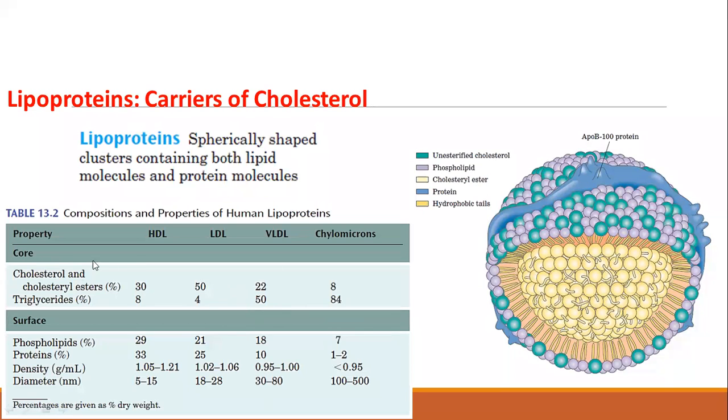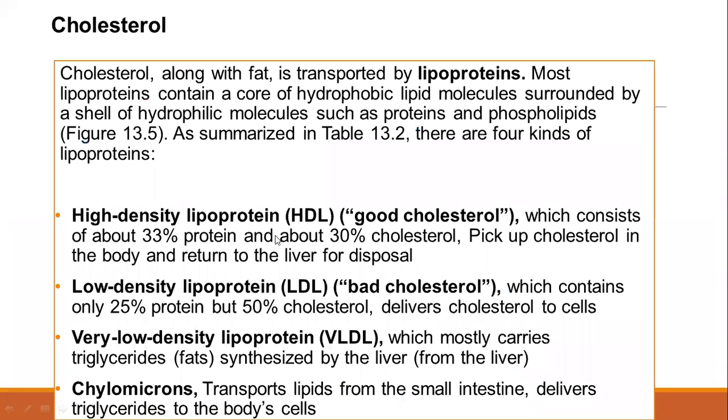Okay, so you have actually three kinds of lipoproteins, majority, you have your HDL, LDL, and VLDL. You have the high density lipoprotein or HDL. Consider this one as a good cholesterol.